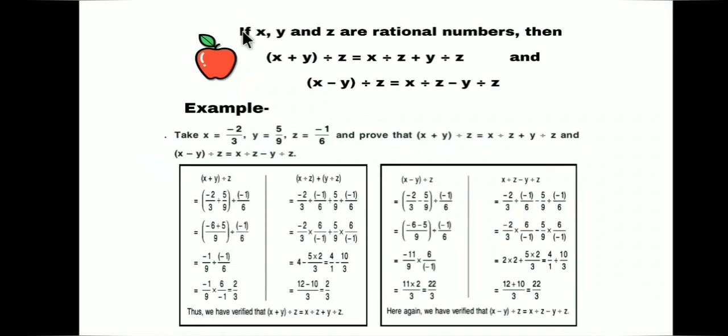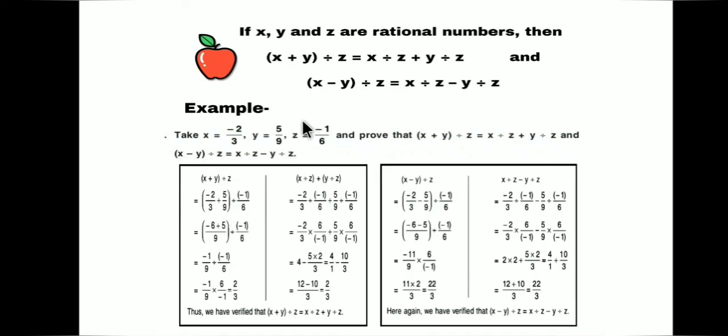Next property, if x, y and z are three rational numbers, then x plus y divided by z is equal to x divided by z plus y divided by z, and x minus y divided by z is equal to x divided by z minus y divided by z.